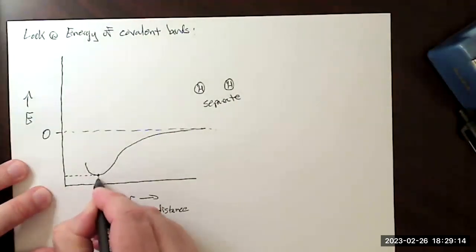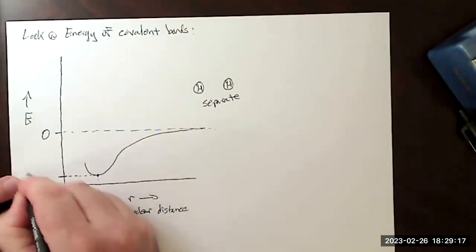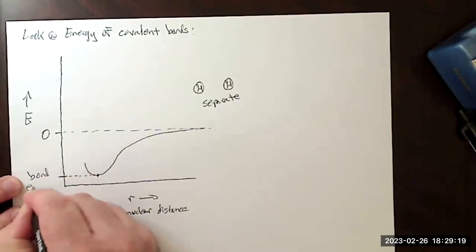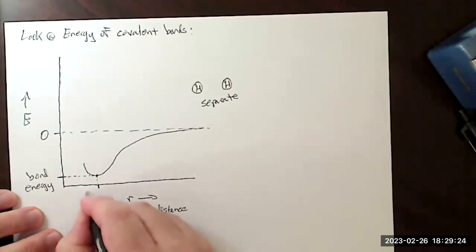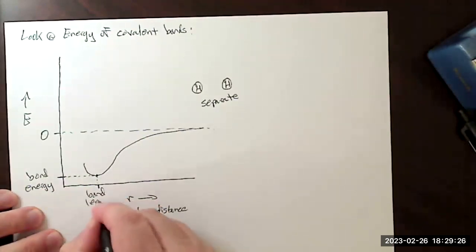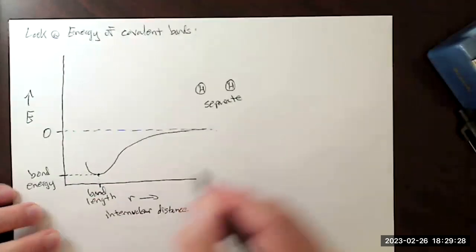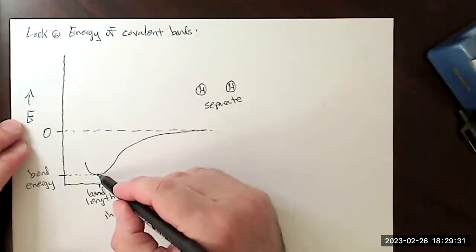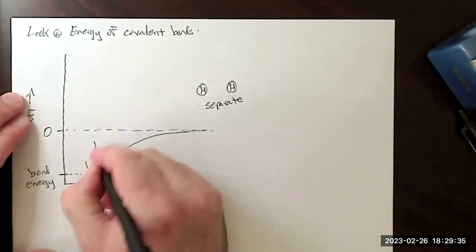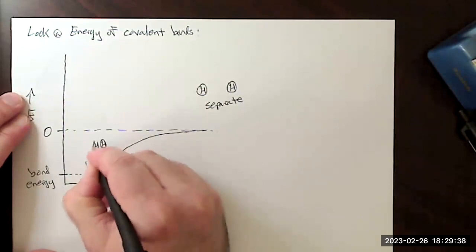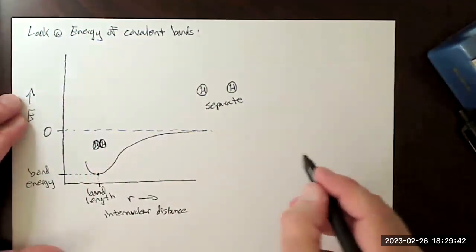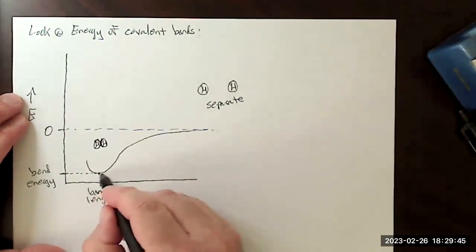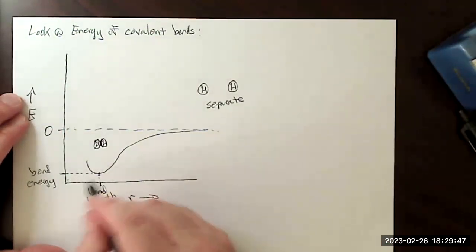And that is called the bond energy. And that distance where they're separate is called the bond length. So we've got H-H, this is our H2. These guys are covalently bonded together. So there's some minimum length that gives us our minimum energy.